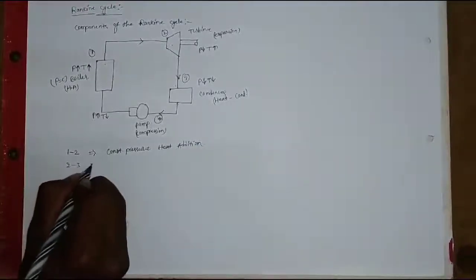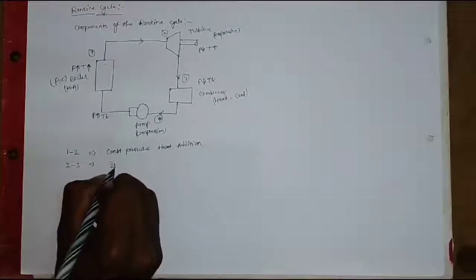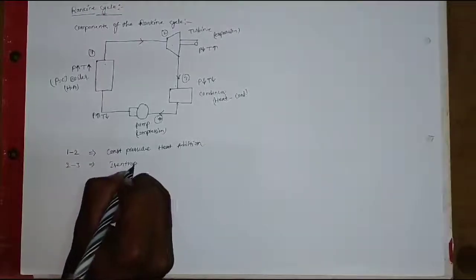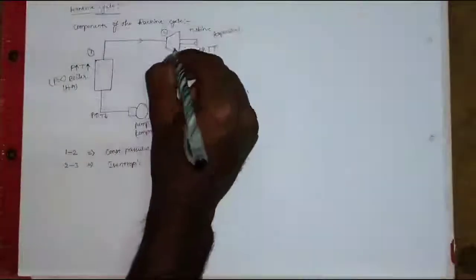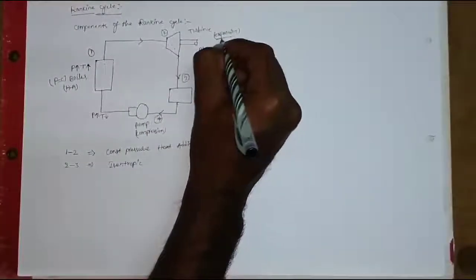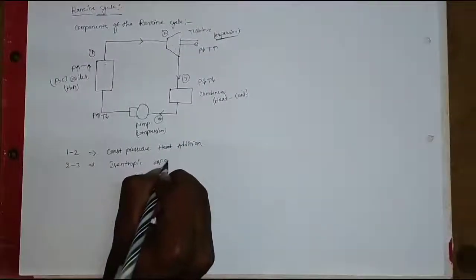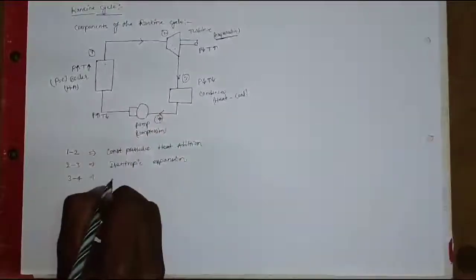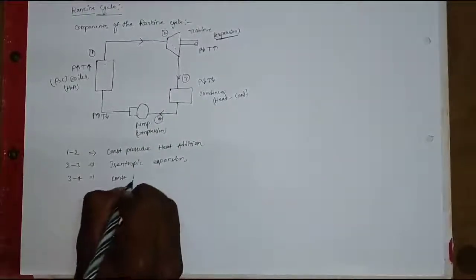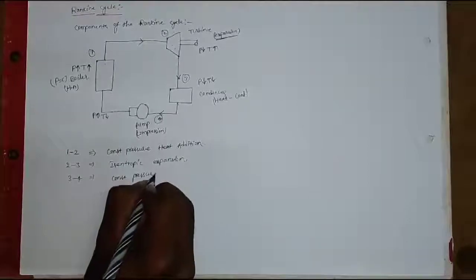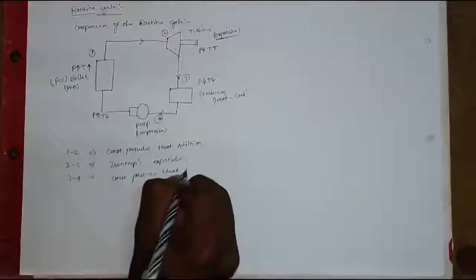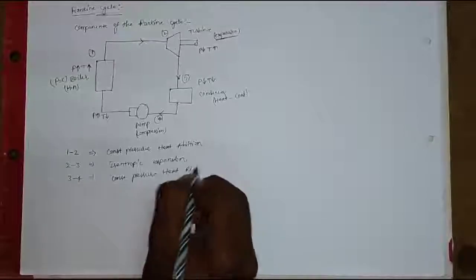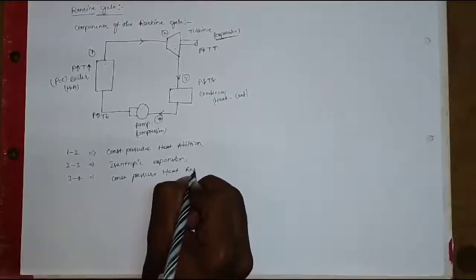And 2 to 3 is isentropic expansion: the turbine expands the steam. And 3 to 4 is constant pressure heat rejection. In the condenser heat will be rejected, so heat rejection.